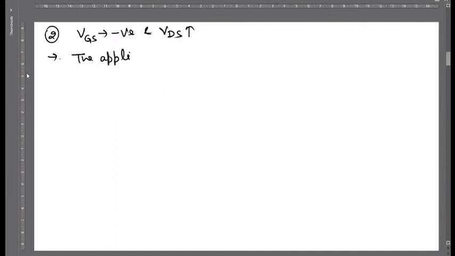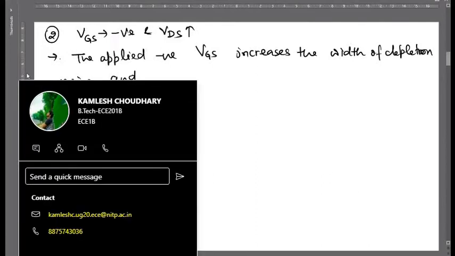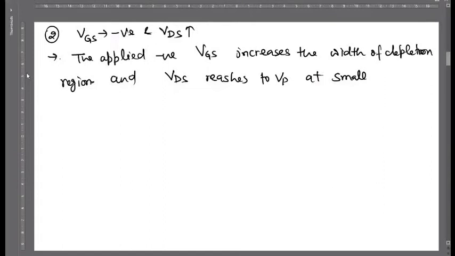Here, the applied negative VGS increases the width of depletion region, and VDS reaches BP at smaller values.